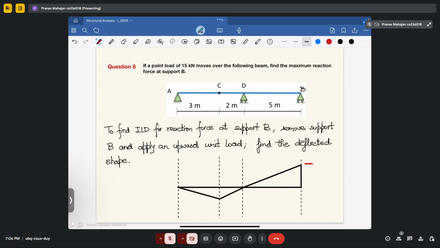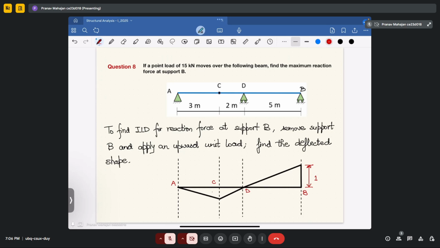So this is your unit load. So let me write, this is your unit load. So if this value is 1, okay, so what will be this value that we have to calculate at point C? So this is A, C, D, B. Now if we try to calculate this value, so how it will look like?